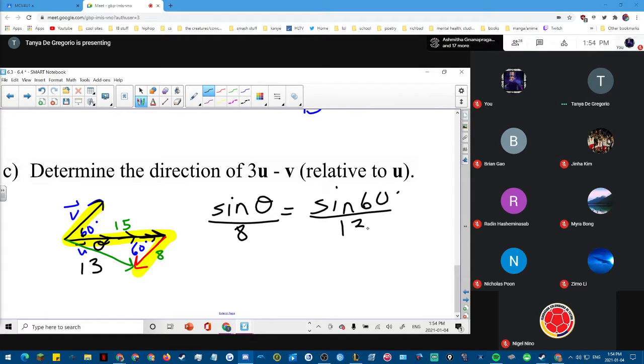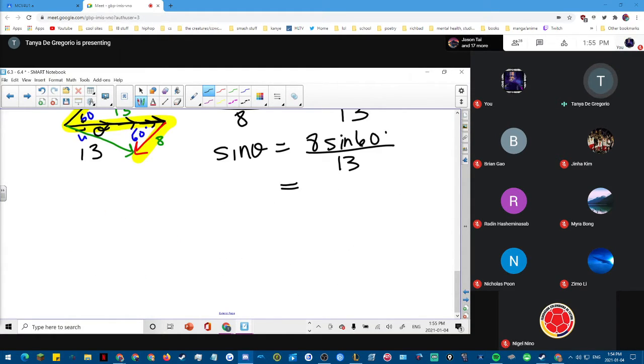And so now I have the sine of theta equals 8 times the sine of 60 over 13. What's the sine of 60? Do we know the sine of 60? Could we find the sine of 60? Square root of 3 over 2. Yeah, we do. We know it. And so if I ever asked you for an exact answer, you would be able to give me one here.